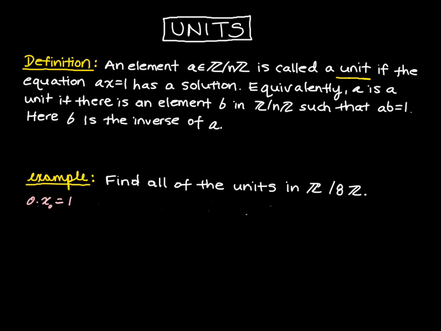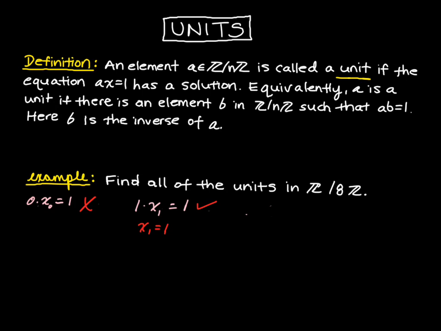And the answer is no. There's no number that we can multiply 0 by to get 1 in any set. So next, let's consider the equation 1 times x1 equals 1. Well, this has a solution. Namely, we let x1 equal 1.